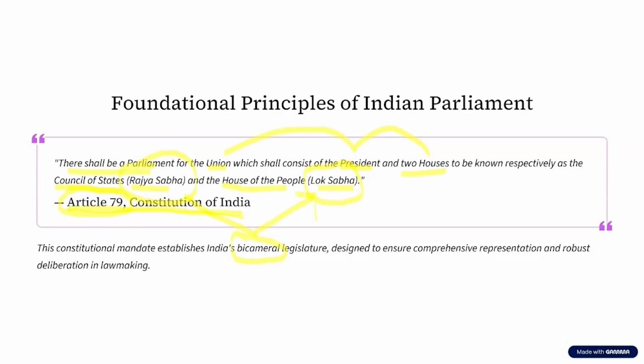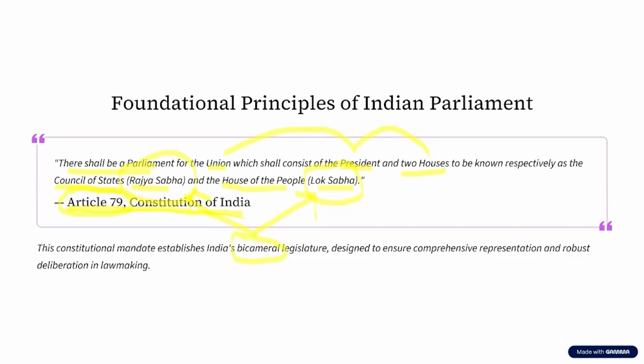This is the first and important thing that we need to understand: having Rajya Sabha and Lok Sabha as part of our legislature means India is following a system that is called bicameralism. Clear?